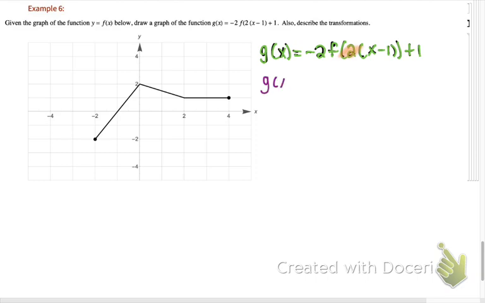The general form of a transformation of f would be C f of A times x minus B plus D. I just highlighted the 2 inside the parentheses and the A inside the parentheses in the general form, and that tells me that capital A is 2.